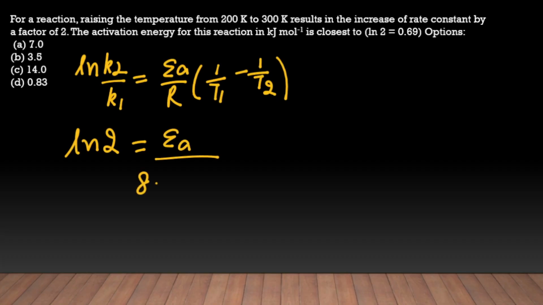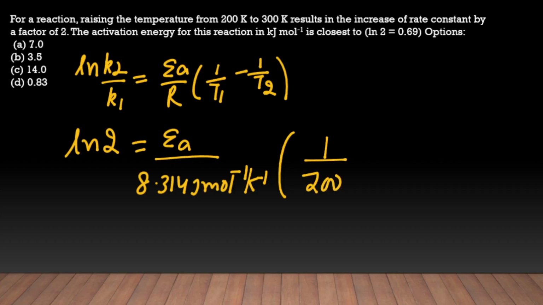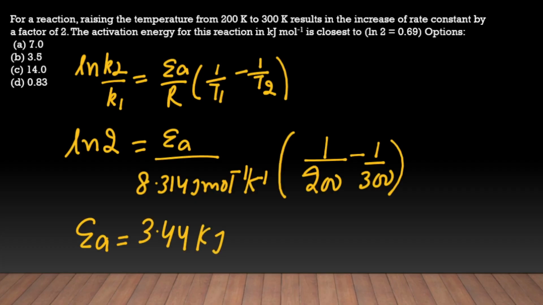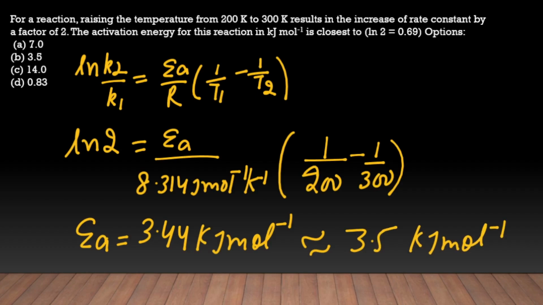R value is 8.314 joule per mole per Kelvin into 1 by 200 minus 1 by 300. On solving this, the activation energy value we will get is 3.44 kilojoule per mole, which is approximately 3.5 kilojoules per mole, which means the correct answer becomes option B in this case, right?